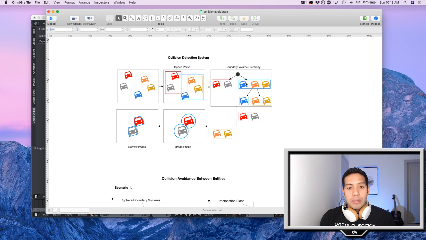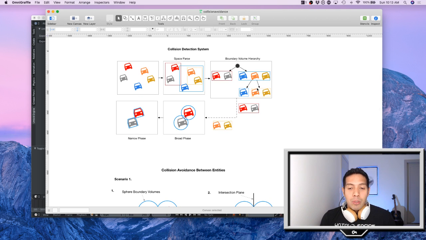Then it will go into the other ones and it will realize that these three entities right here are very close to each other, so they should be part of a node. And then the algorithm goes even further and divides. It says, you know what, between these three entities, these two are even closer than the blue car here, so I want to split that node into two children nodes, and it will go on and on.